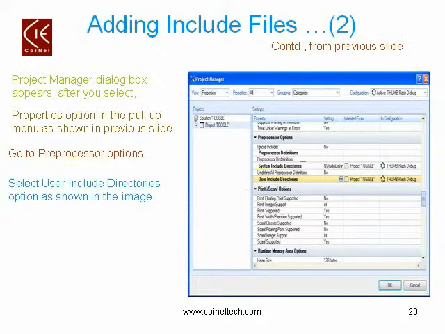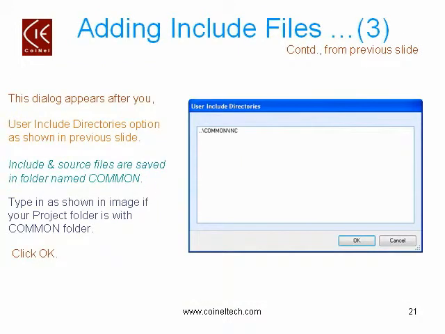Go over to the Preprocessor options and then select the User Include Directories option as shown in this image. The dialog box being shown in the slide is the User Include Directories dialog box.